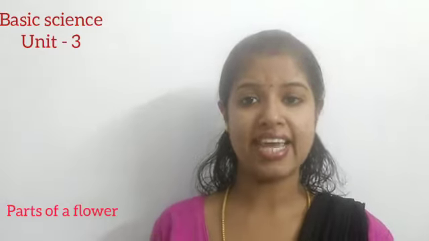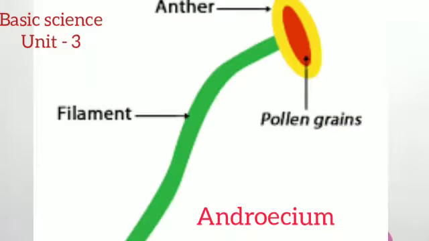First, let's take androecium. Androecium is otherwise known as the male part of the plant. See, look at the picture, children. This is the structure of androecium. It consists of anther and filament.